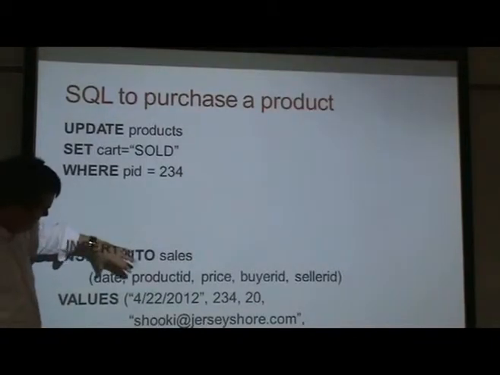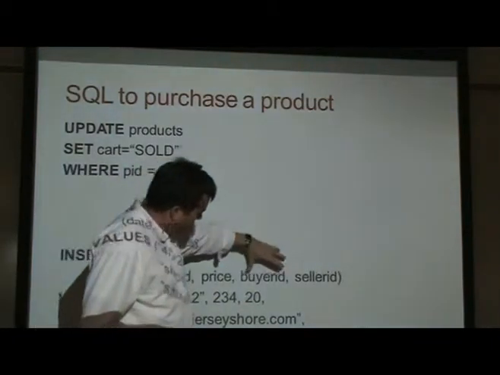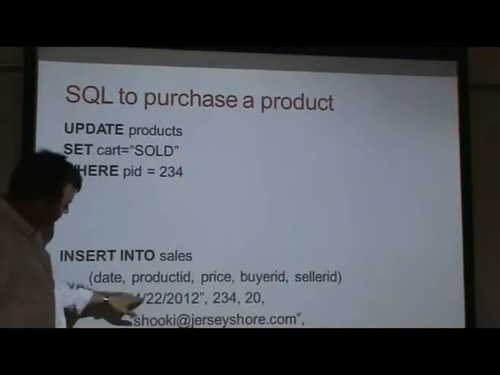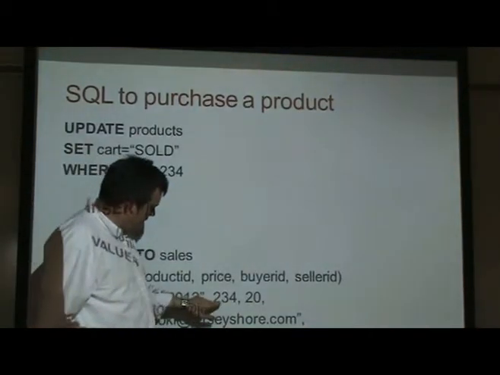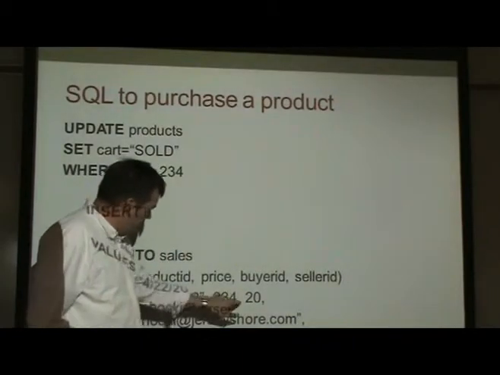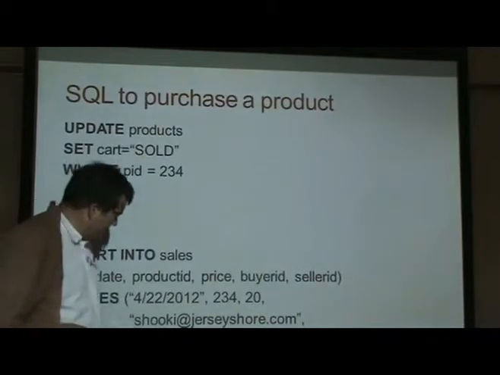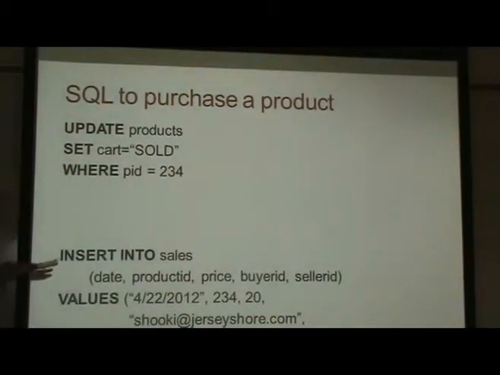And then we say, okay, the date field, the product ID field, the price, the buyer, and the seller's field should be set with the values: whatever the date is, the product ID, the price, $20, the buyer, and the seller. And we would write that into the table. So here's a case where we're going to have one button that has to cause these two things to happen.